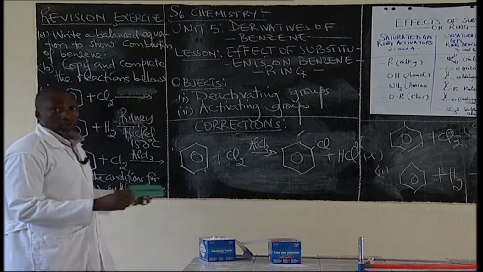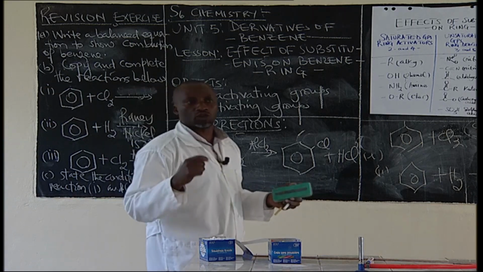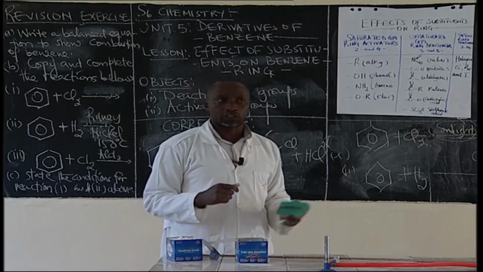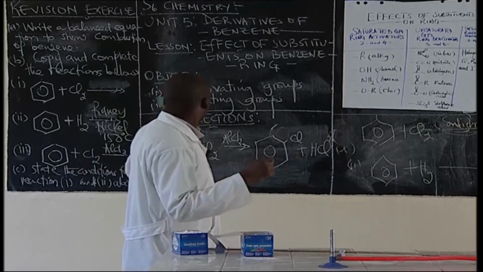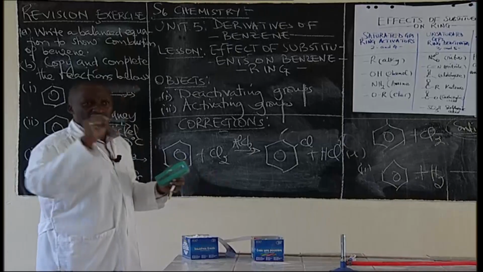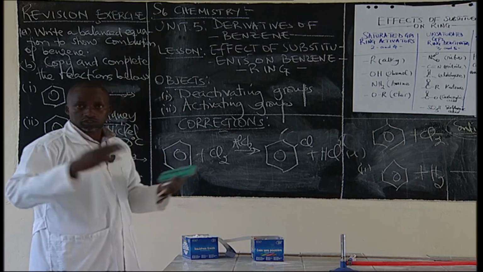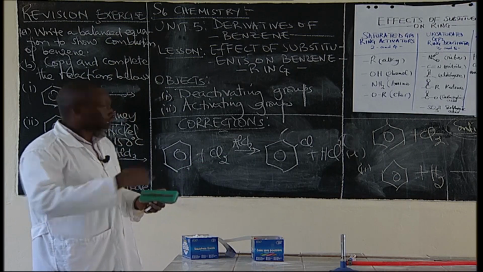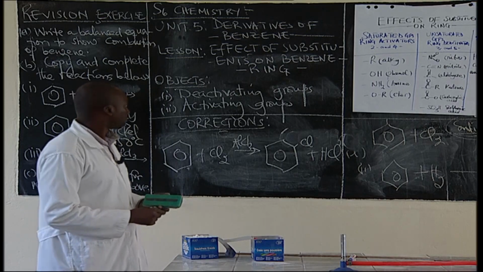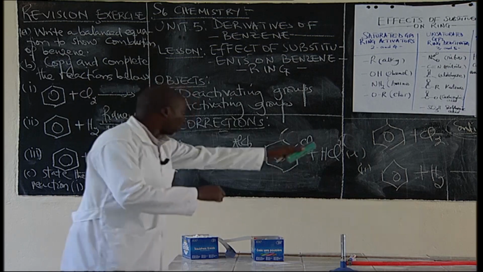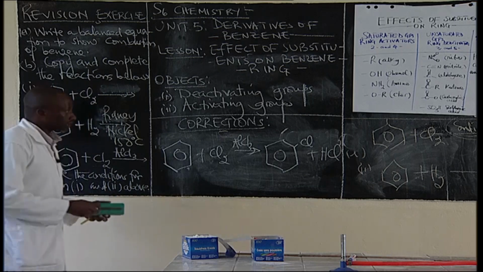This Raney nickel is fine grains of nickel aluminum alloy. It is very fine, increasing the surface area under which the reaction takes place. So I hope you have taken down some of these reactions below.